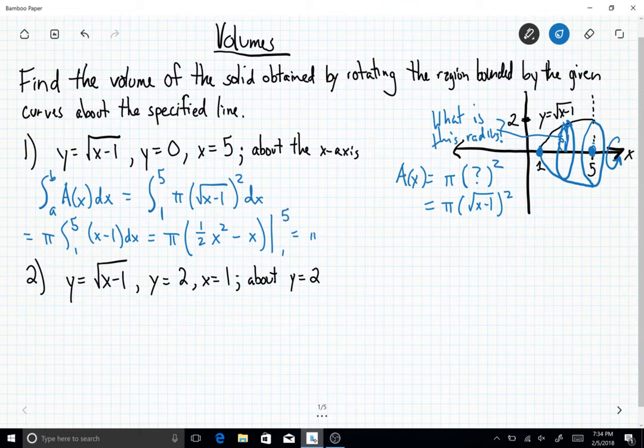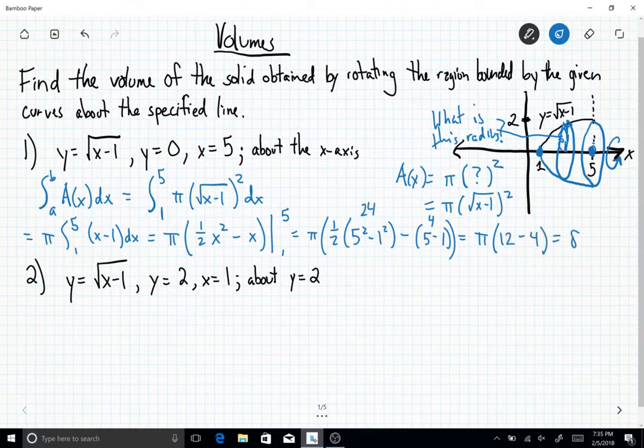So to finish this thing off, we get pi, and then we'll have 1/2, and then we'll do 5 squared minus 1 squared, minus 5 minus 1. Notice this will be 1/2 times 25 minus 1, which is 24, and that is 12, minus 4. So this is pi times 12 minus 4, which is equal to just 8 pi.